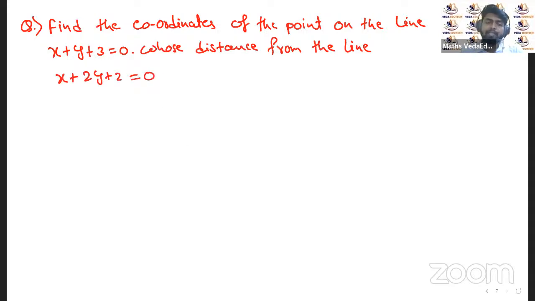The distance is also given, that is root 5. So we need to find the coordinates of the point on this line.